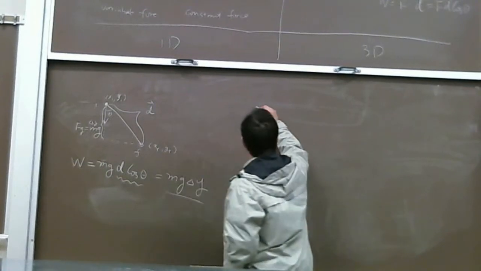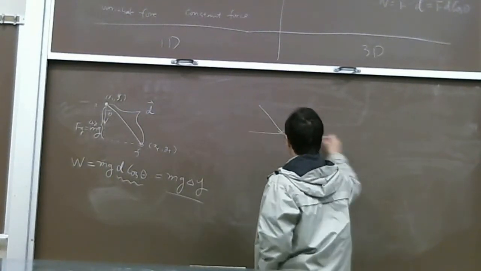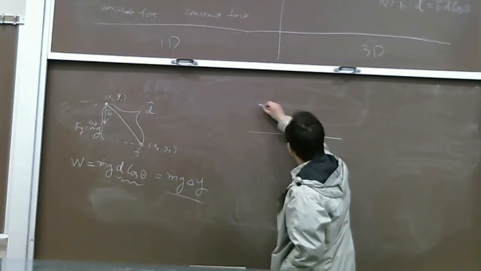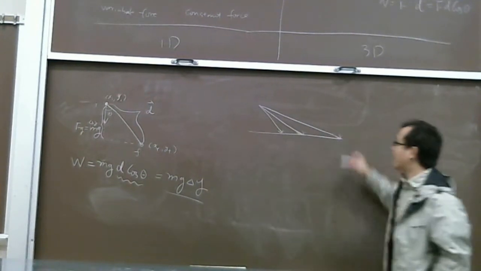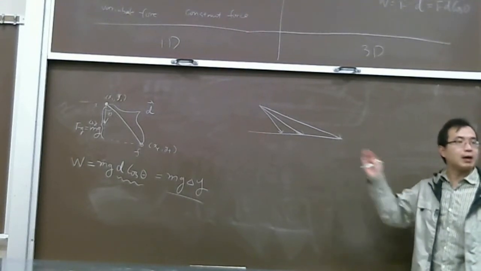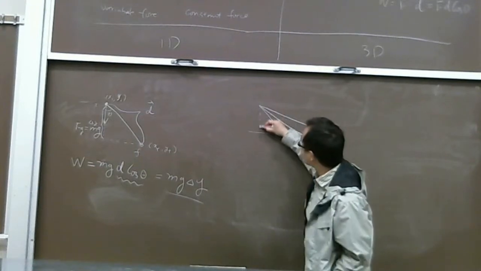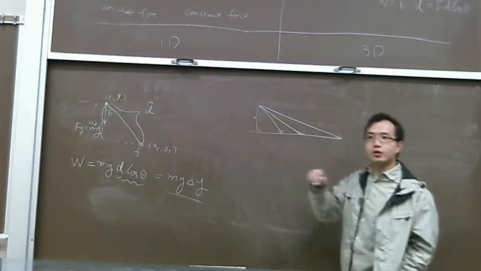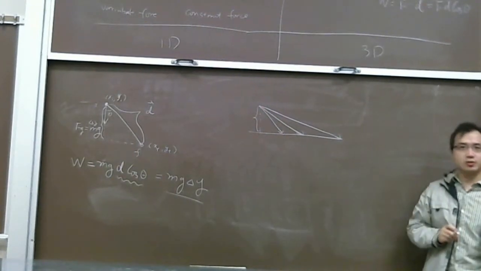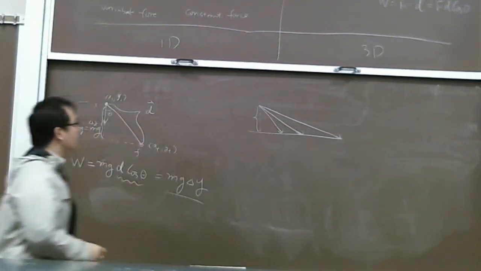In other words, if you have some initial point here, and they go to the same height from different paths, all of them will give you the same work done by the gravitational force. It's only determined by the vertical change in the position. Okay, any question here?